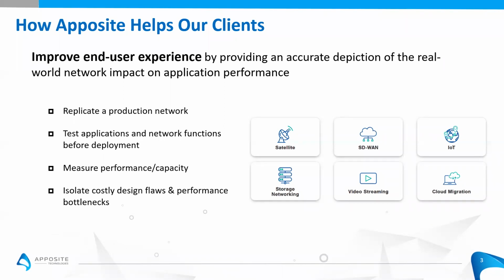So we can replicate those different networks. You can test your applications over these different networks. You can measure performance and capacity. And then you can also isolate any design flaws or performance bottlenecks that could be in your existing network.